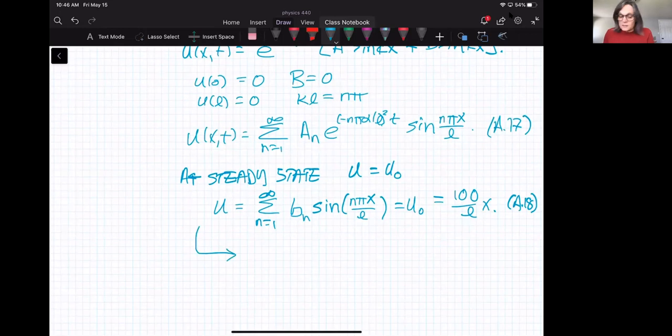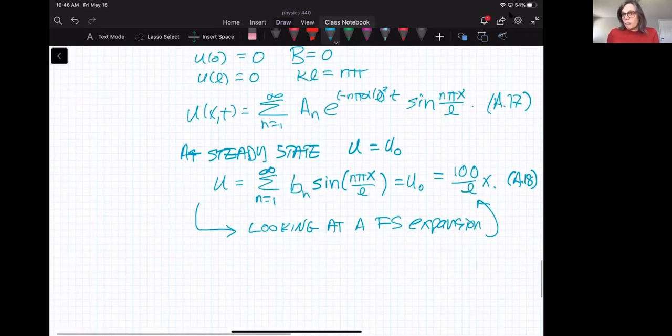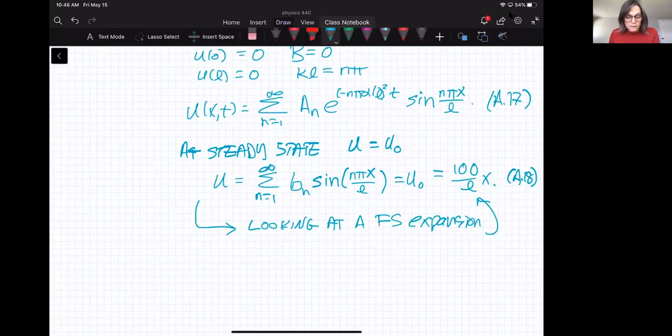All of this means that we're basically looking at a Fourier series expansion of that expression. All right, so one of the many reasons why we looked at Fourier series, why we looked at infinite series, is because this is going to come up in our solutions for many of these differential equations.